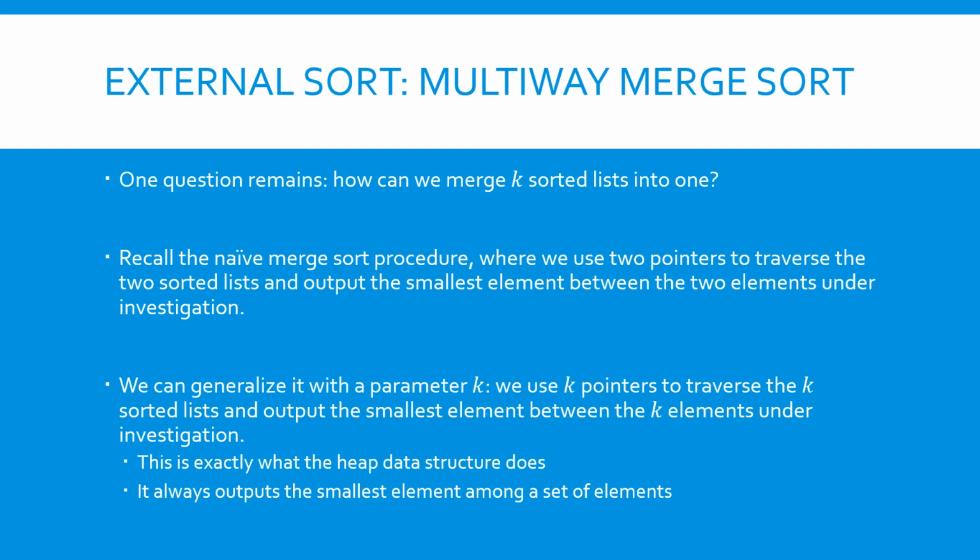We shall maintain k pointers and output the smallest one of the k pointer-bearing data elements. Of course, we can spend linear time examining each of the k pointer-bearing elements and find the smallest one. However, we can also use the heap data structure to assist this step and achieve O(log k) time complexity.